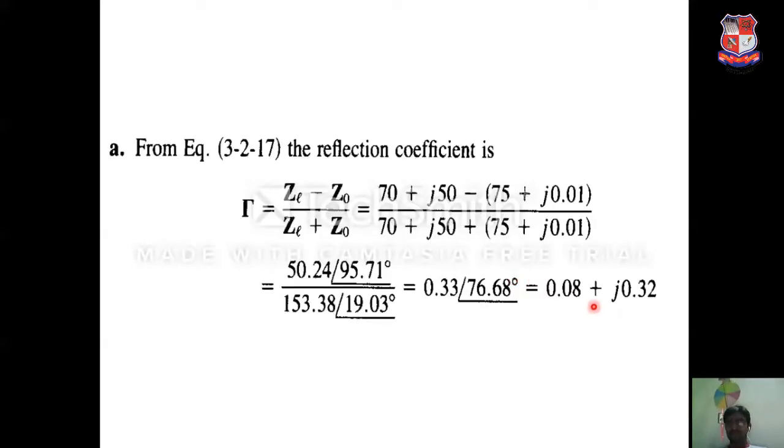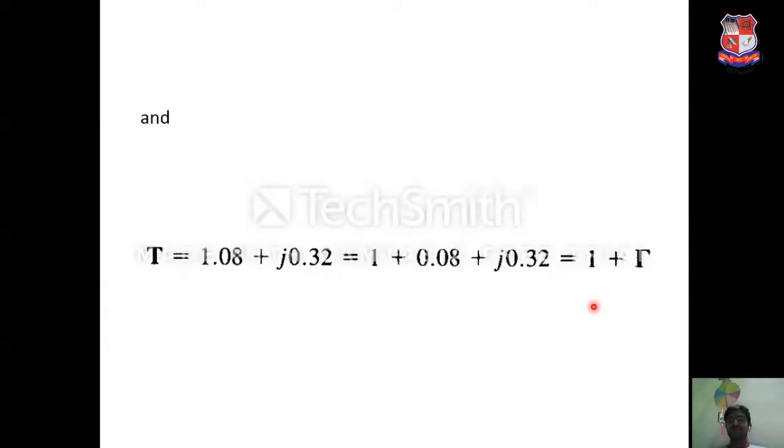So we can write that the transmission coefficient T is equal to 1 plus the reflection coefficient. So this was the problem as well as the theoretical discussion of the reflection and transmission coefficient.